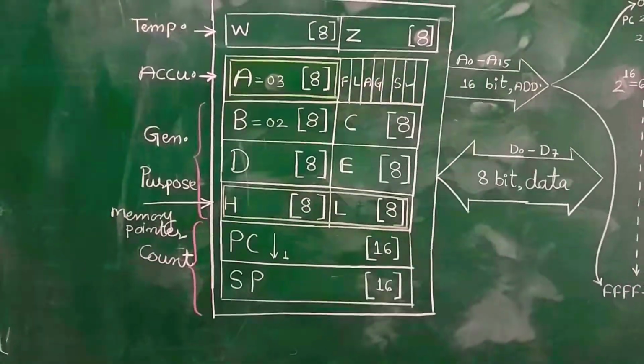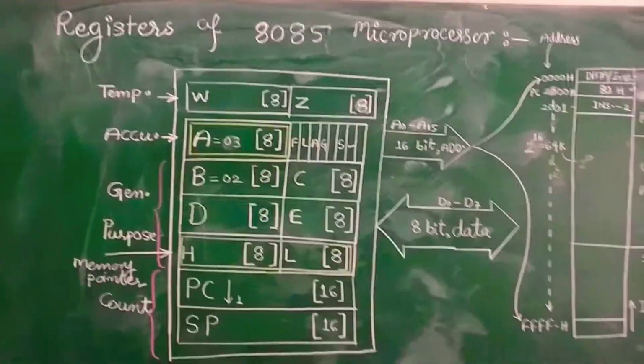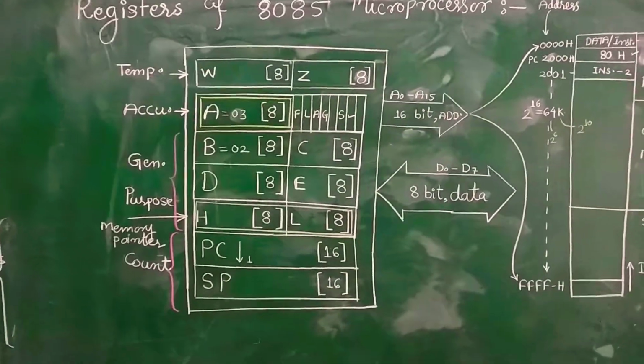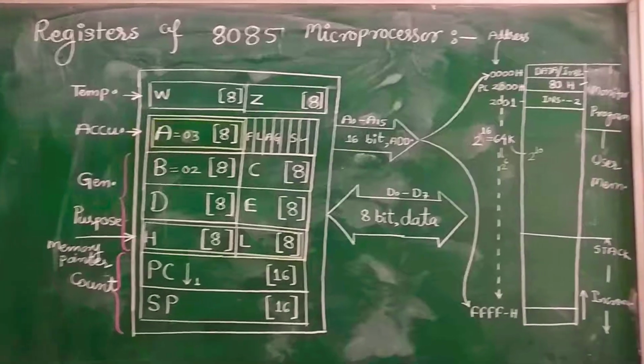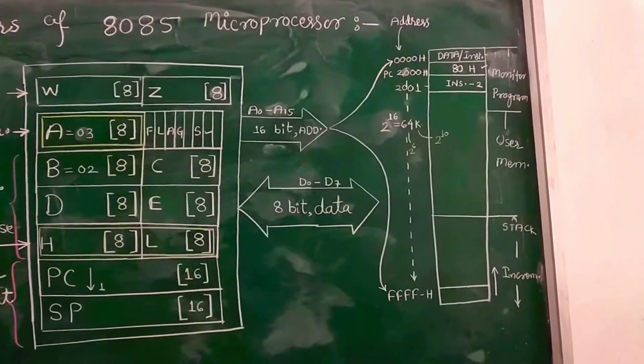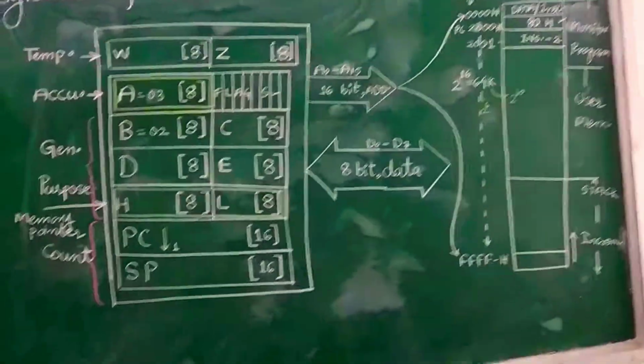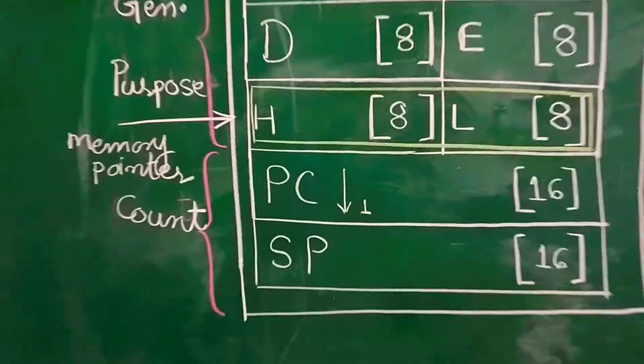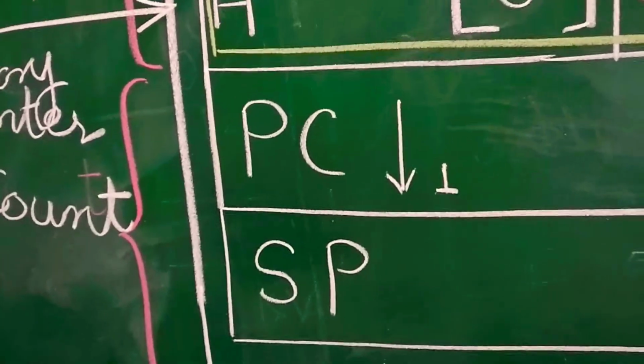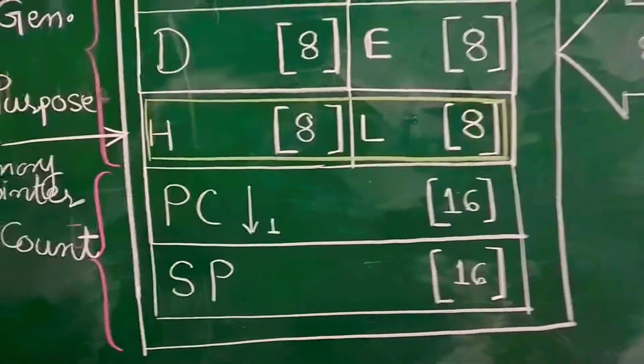Because in the 8085 MPU we have limited general purpose registers. Thus, additional memory is required, which is, we can say, a stack. And a stack is actually pointed out by a stack pointer, SP.